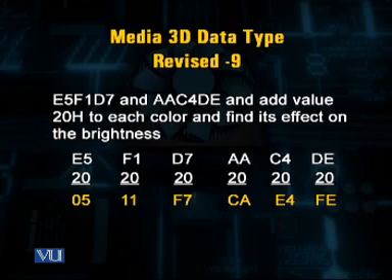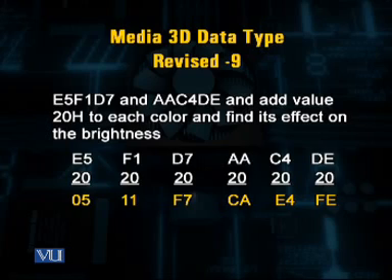For example, let us consider the 2 pixels which we considered earlier, that is the pixel with the value E5, F1, D7 and the pixel with the value AA, C4, DE, and add a value 20 hex into each color and find out its effect on the brightness.